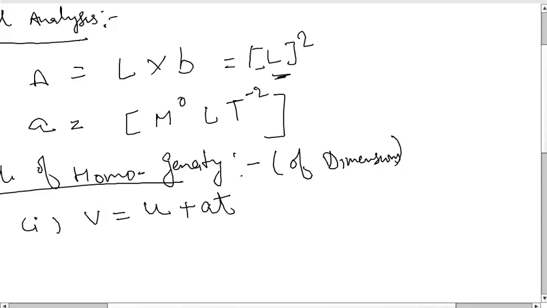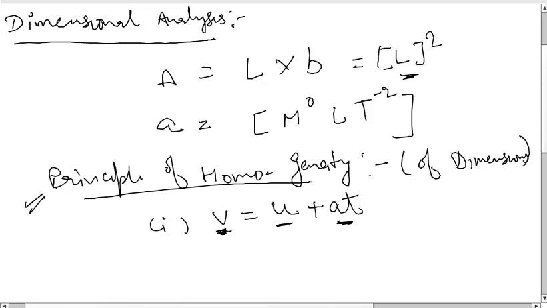Principle of homogeneity means that every term of an equation, be it on the left hand side or the right hand side, should have the same dimension. That is, every term should be homogeneous in terms of its dimension. So every term shall be homogeneous, that is, its dimension should be the same.